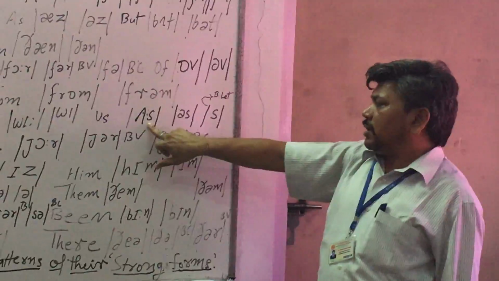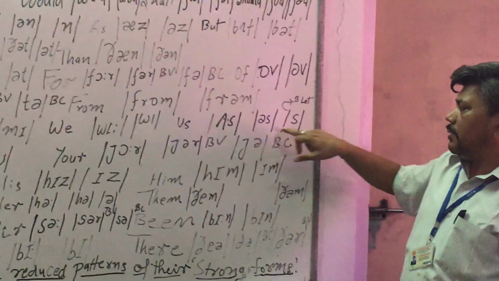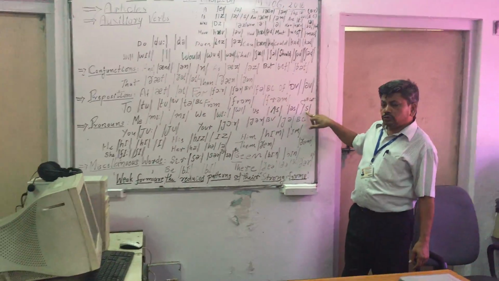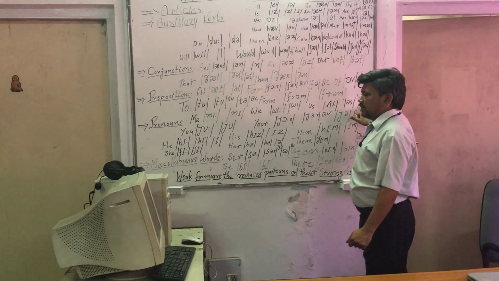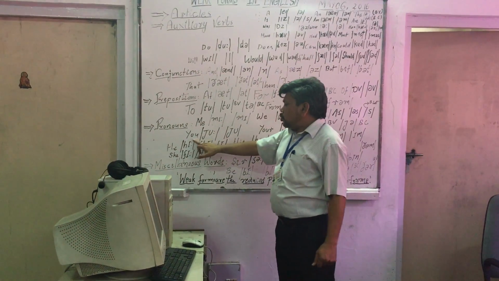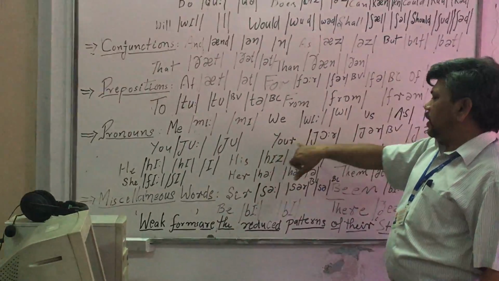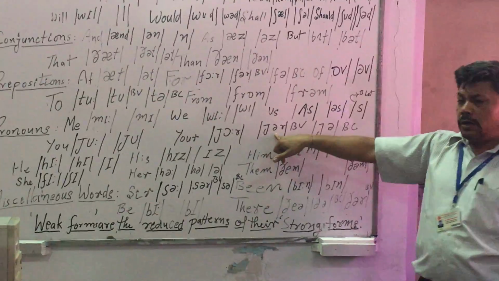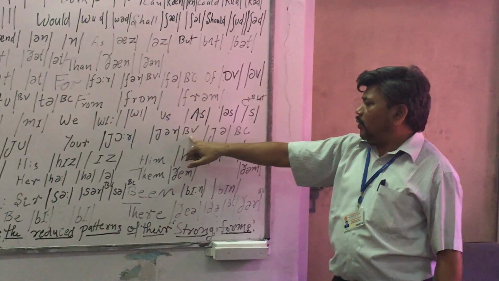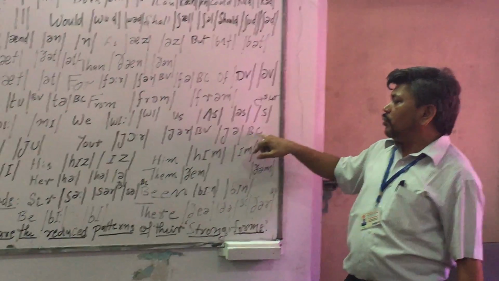This 'us' becomes 'es', or sometimes 's', reduced after weakening. You, this 'you' becomes 'yu', and 'yo' becomes 'yer' before vowel, and 'ye' before consonant.